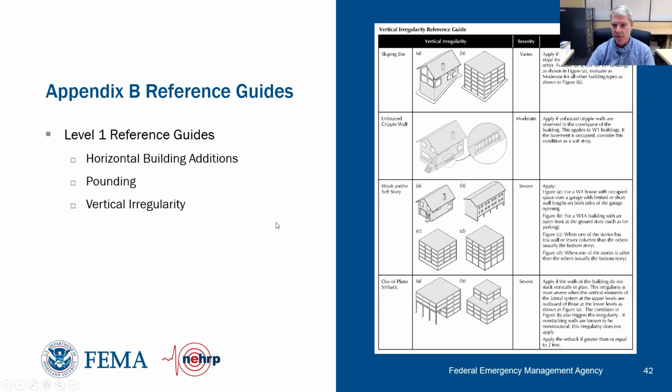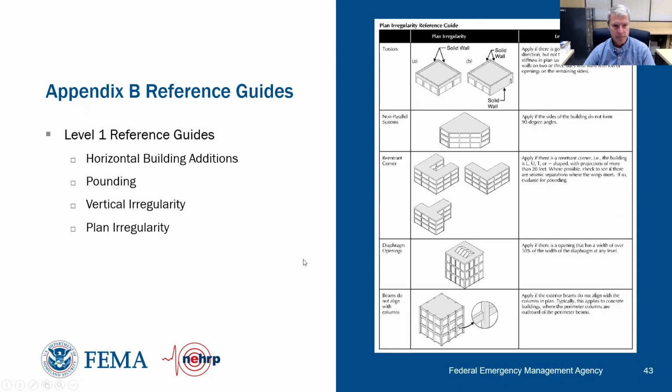So here's a snapshot from the guide for vertical irregularity, where we're looking at the different vertical irregularity categories: sloping site or unbraced cripple walls. It shows a pictorial sketch of what is meant by that and whether the severity is moderate or severe, and then a level 1 description of what the criteria is in evaluating that particular vulnerability.